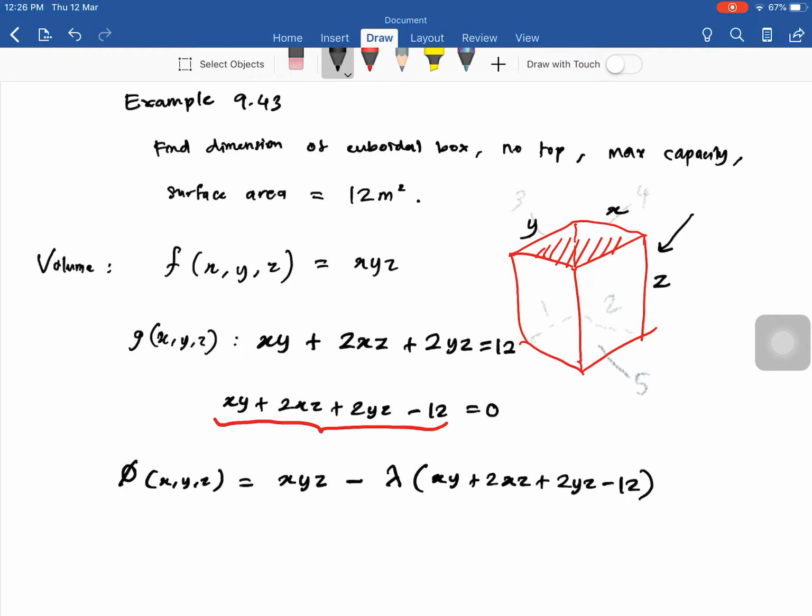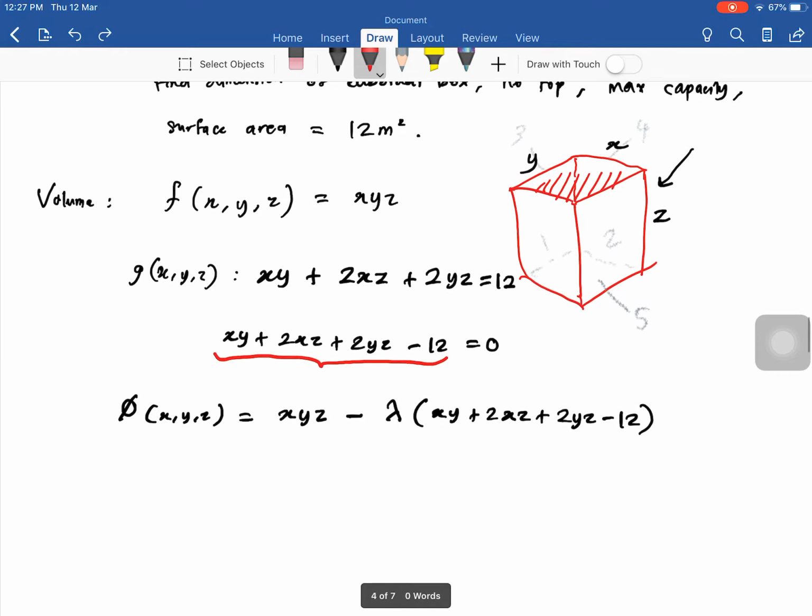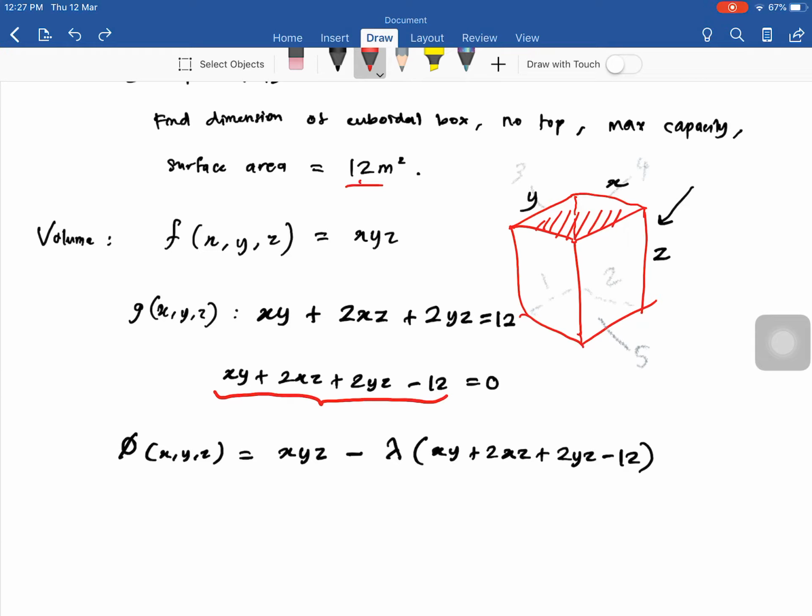The minimum point is, of course, 0, because when x is equal to 0, y is equal to 0, z is equal to 0, the cuboidal box has vanished, has 0 volume. So that is the minimum point, right? So with the constraint given here, we can find the maximum capacity with the given surface area.